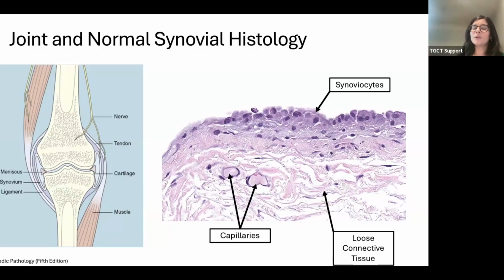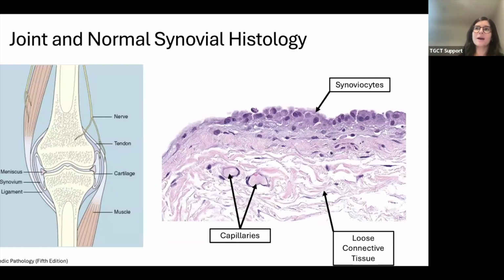What normal synovium looks like is you're going to have the synoviocytes, so the actual cells that comprise the synovium, are generally anywhere from 1 to 3 layers thick. Underneath that synovial cell layer, we have a lot of capillaries. So the way that a synovial lined space essentially gets all of its nutrients and all of its supplies to maintain and repair itself comes from diffusion from these capillaries.